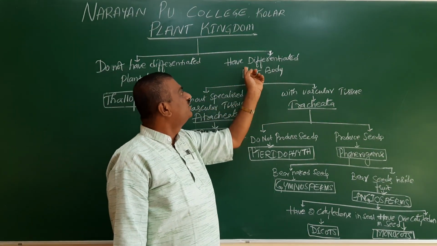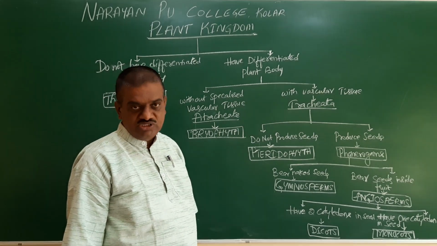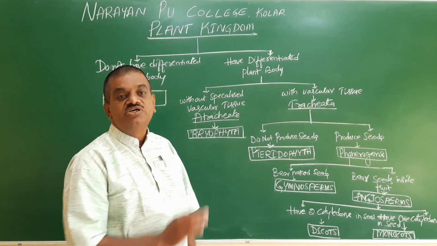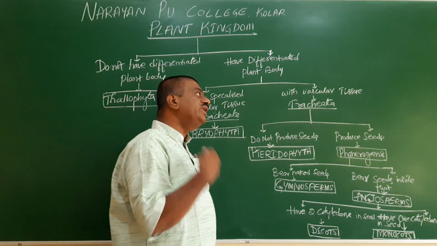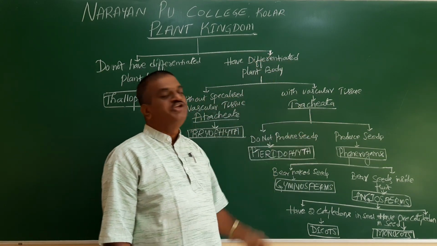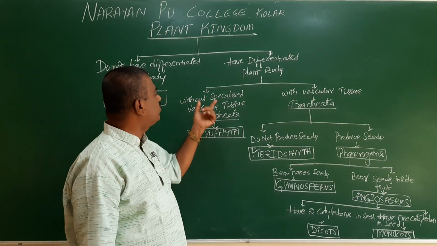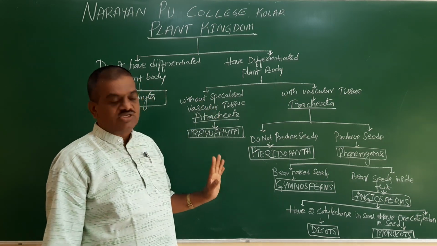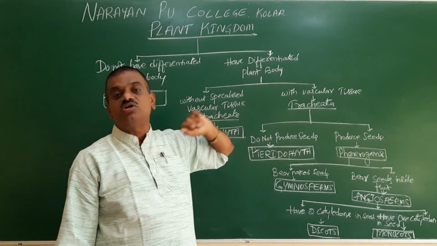In the second one, the plant body is differentiated. Here again, the differentiated plant body is classified into 2 types: one without a vascular system, one with a vascular system.